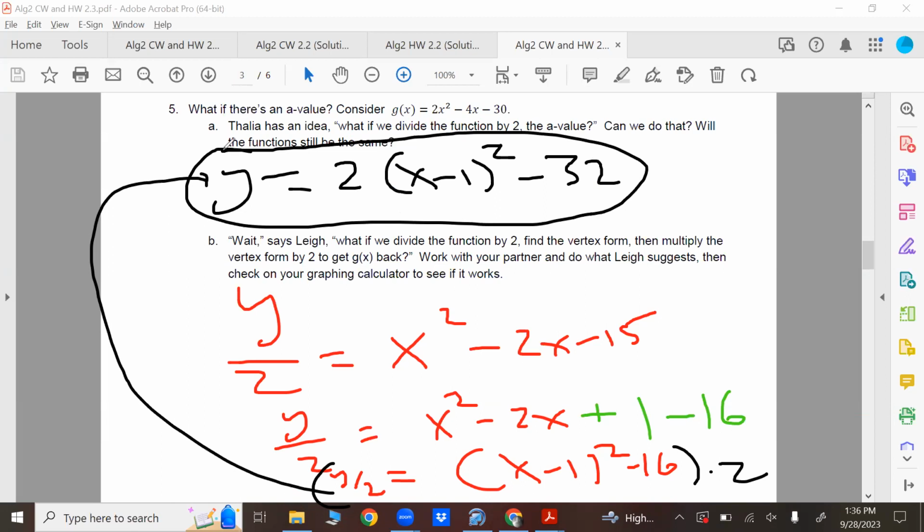But you got to get that 2 out of there first, and then do the rest. And remember, let me get the highlighter here. All this, except negative 16, is all this right here. Those are the same. This is the same as this, it's just backward, right? That's just backward. Okay.